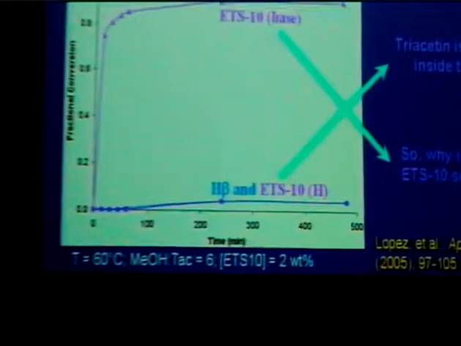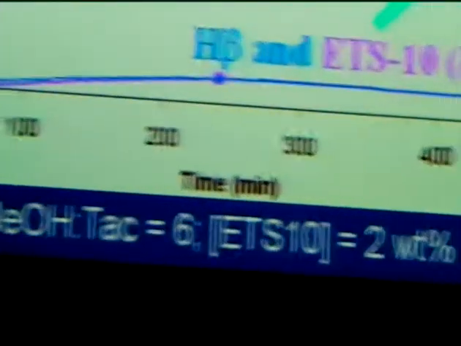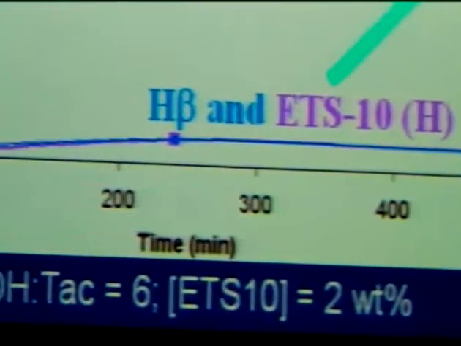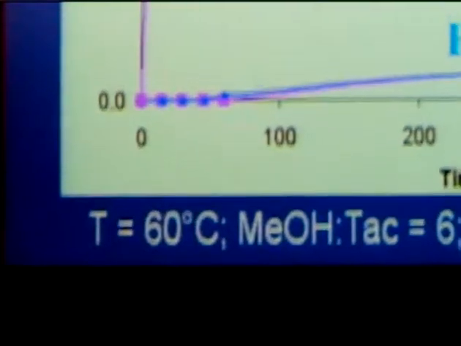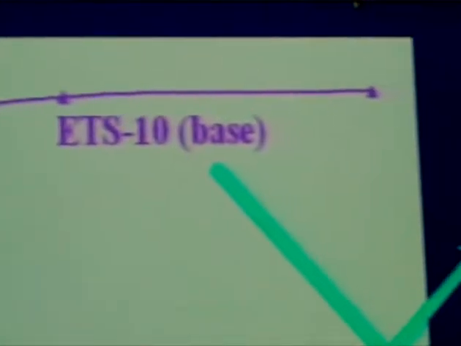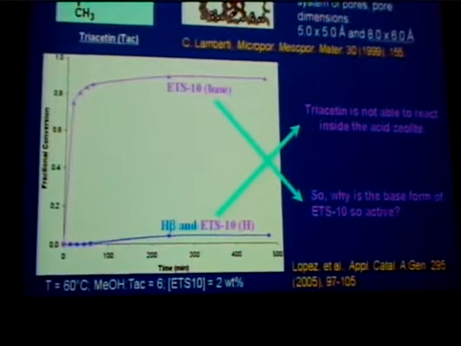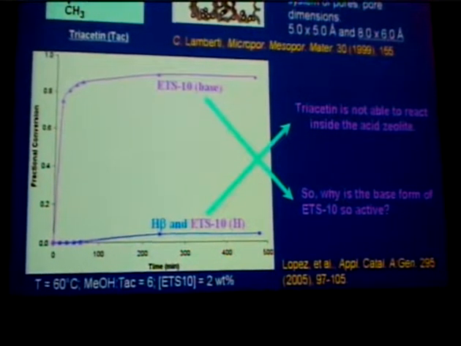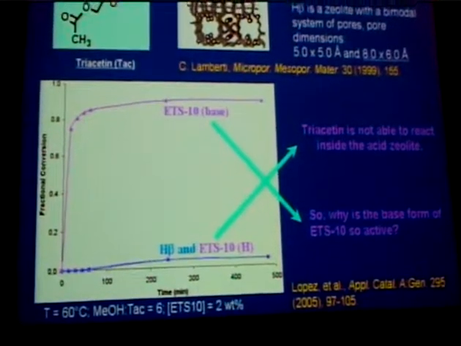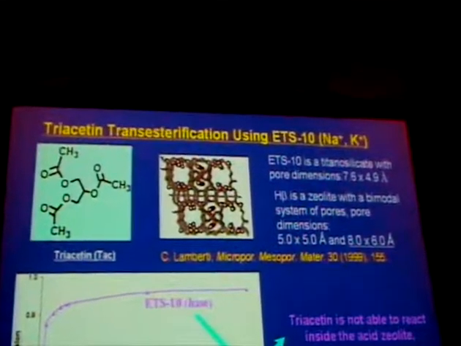The catalyst we used at that time was this ETS-10 catalyst, a titanosilicate, a zeolite-like catalyst basically. And Suppes, at Missouri at the time, had reported that this catalyst has great activity for the transesterification of soybean oil. So we wanted to try this catalyst and understand how it worked using this model reaction, the transesterification of triacetin with methanol.